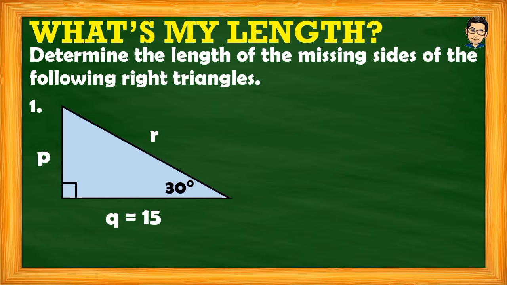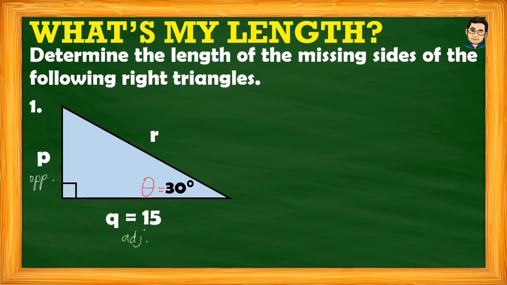So basically dito, yung given angle natin is 30 degrees. So ibig sabihin, yun yung theta. So kung yun ang theta, ibig sabihin, yung P, ito po ang nagsisilbing opposite side. And then, yung Q, ito naman yung ating adjacent side.